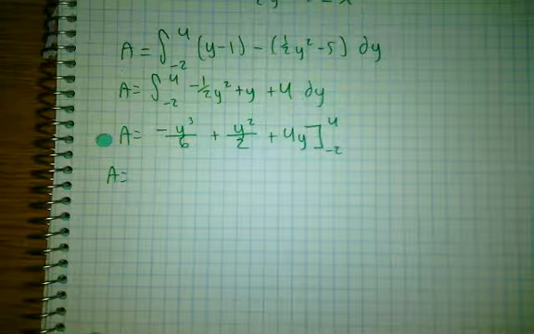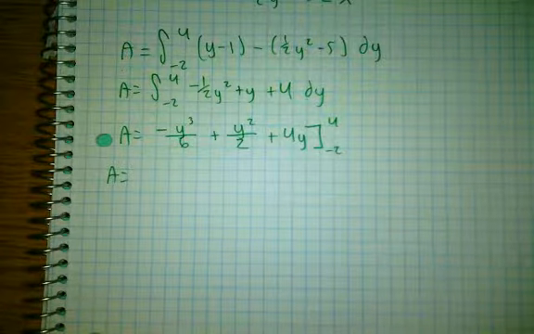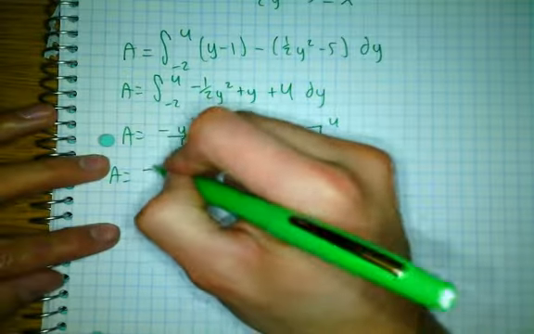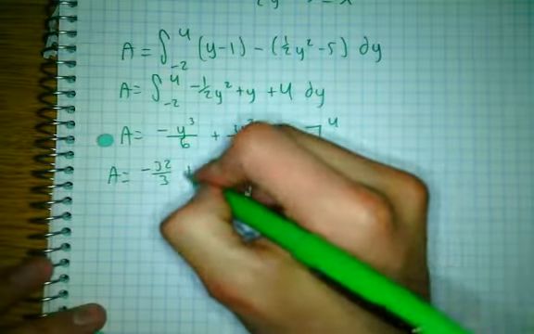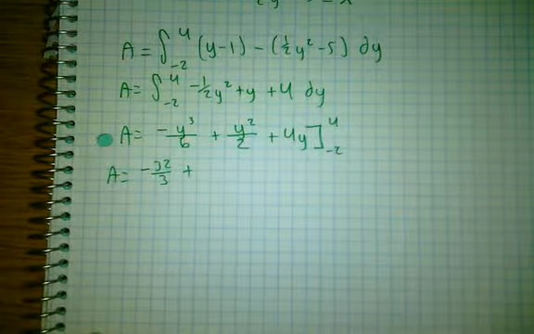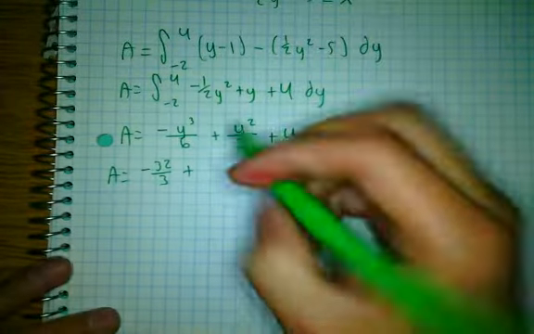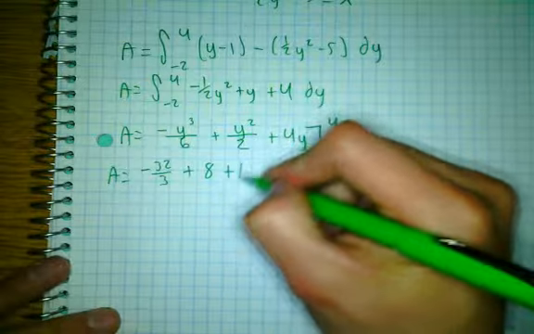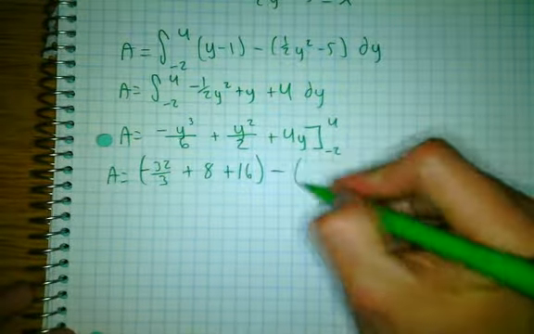You guys agree? Over 6, which is 32/3. So it's going to be negative 32/3. Plus, what's 4 squared? 16. Divided by 2? 8. Plus 16. Okay. Minus.